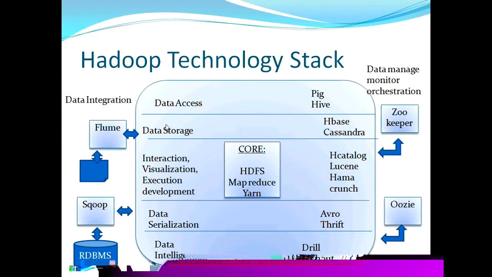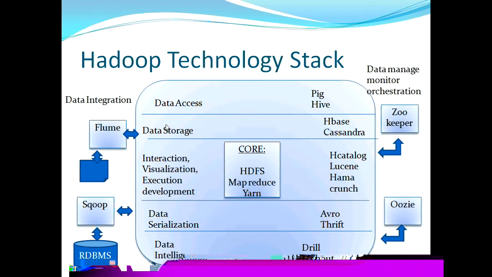Here, these are the different supplemental ecosystem components for the core Hadoop. When we come to the data access layer, those are the supplements we have for Hadoop to make our life easy.